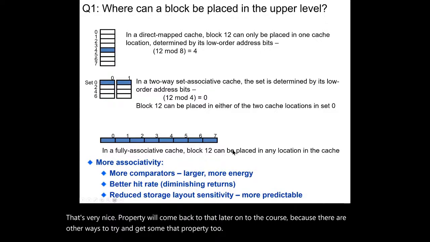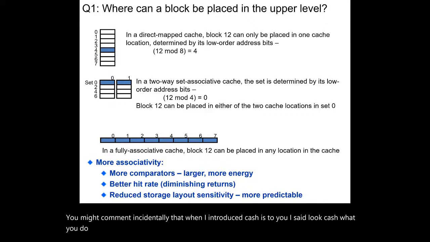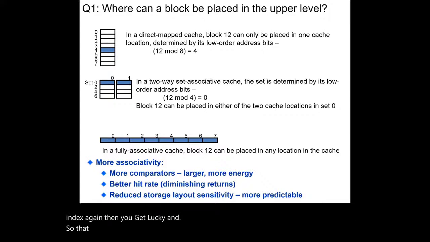You might comment incidentally that when I introduced caches to you, I said, what you do is allocate stuff that you've recently accessed into the cache, and if it's there when you index again, then you get lucky. And so the direct mapped cache is a pretty cheap and dirty solution to that problem.